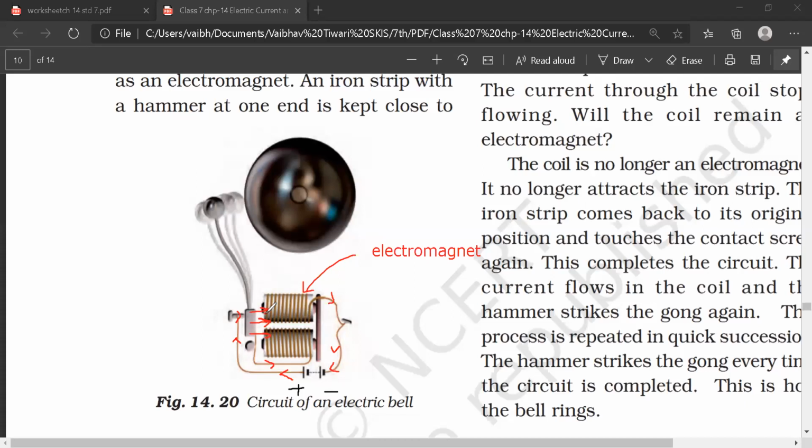And when it is attracted towards the magnet, along with the iron strip, the hammer which is connected to it moves towards the gong, and it strikes the gong. Okay, and we can hear the ringing sound. Correct? So this is how the first ring is heard. Understood this?